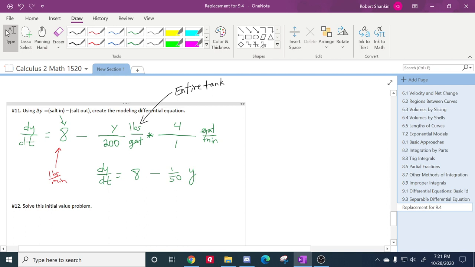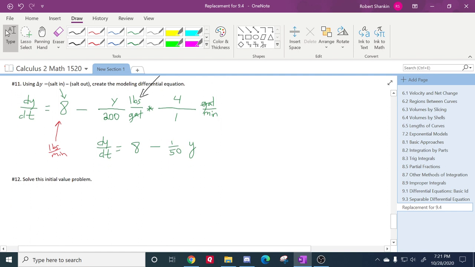But we have to take into account the pounds of salt that are leaving every minute. And it turns out that the ratio of y over 50, or 4y over 200, is the concentration at any time t.